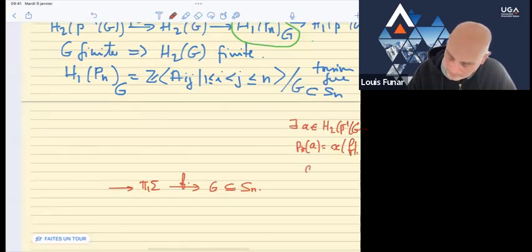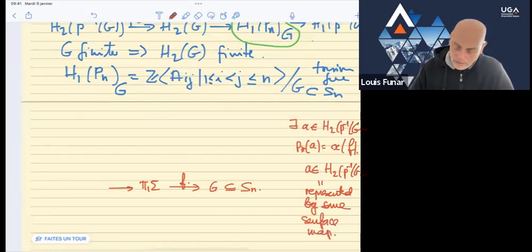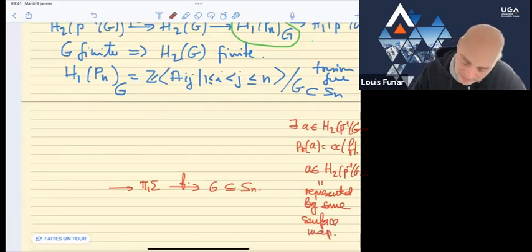such that P star of A is the Schur class of the map F. Now A is an element of H2, so it can be represented by some surface map. I'm taking a surface big enough.